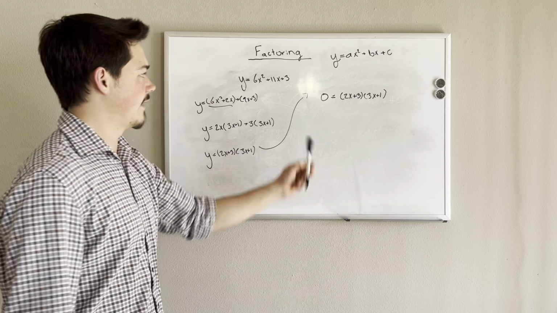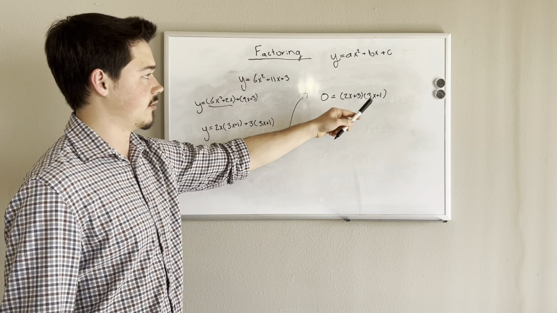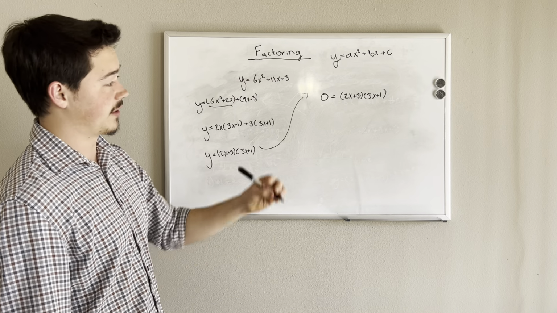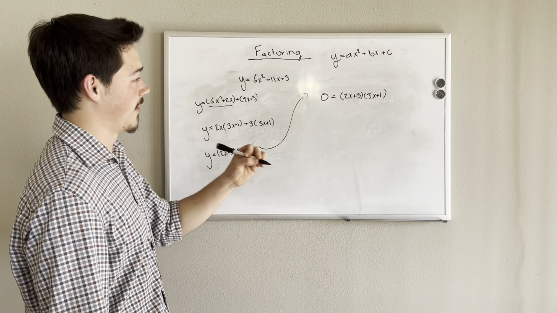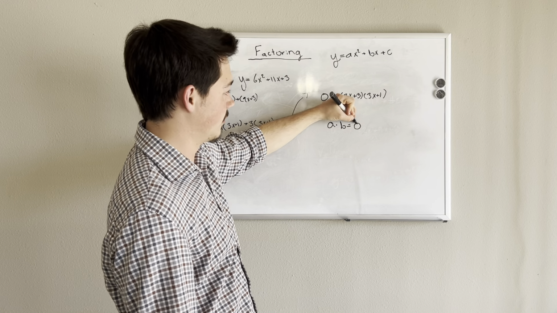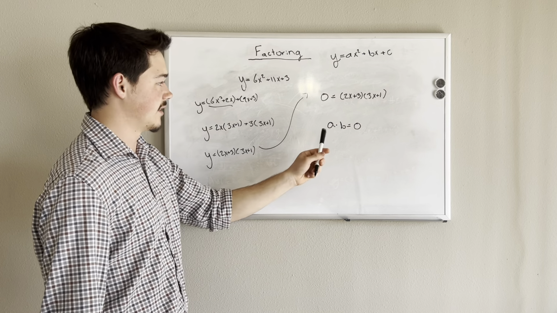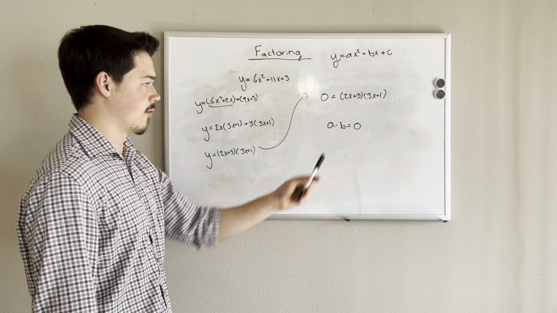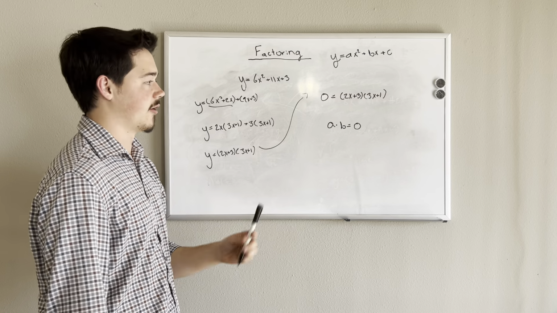The reason factoring this trinomial into a product of binomials is useful for finding our roots is because of something called the zero product property, which means if you have two terms, a times b, which equal 0, then that implies that either a equals 0 or b equals 0 or both a and b are equal to 0.